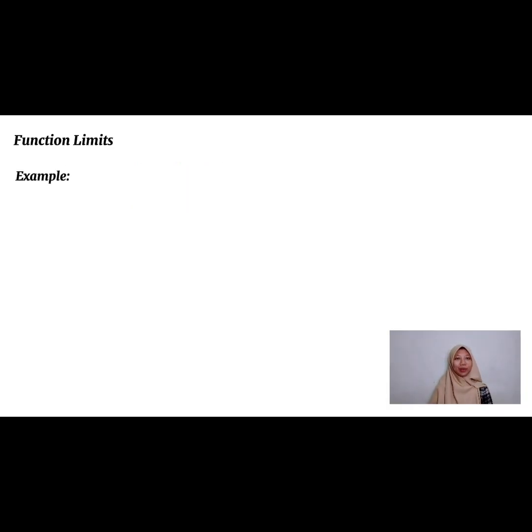Let's go to the first sample question. What is the value of the limit of (5x^3 + 7x + 6) / (2x^5 + 4x - 6) as x approaches 2?